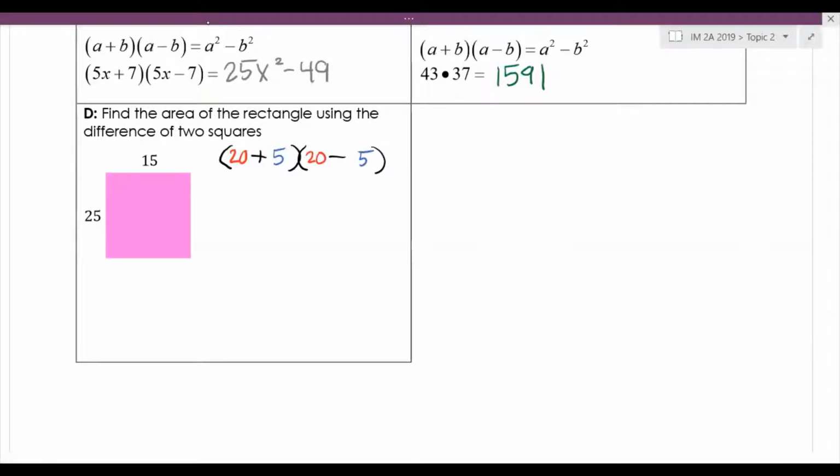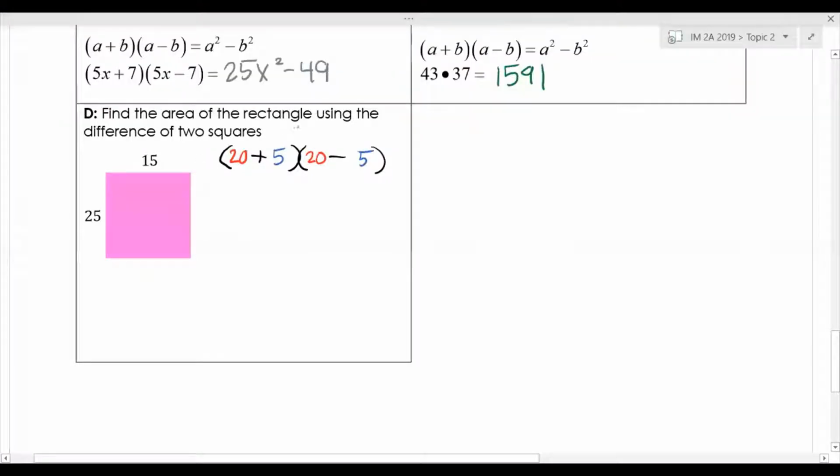Again, the area of this, which I didn't write down, is 25 times 15. To simplify this process, I can think about it as 20 plus 5 times 20 minus 5, because then I know it's just going to be the difference of those two numbers squared.